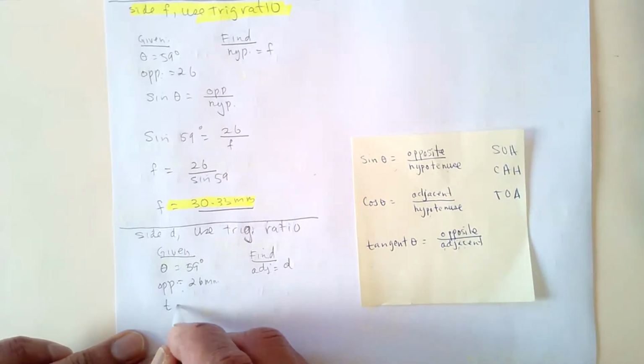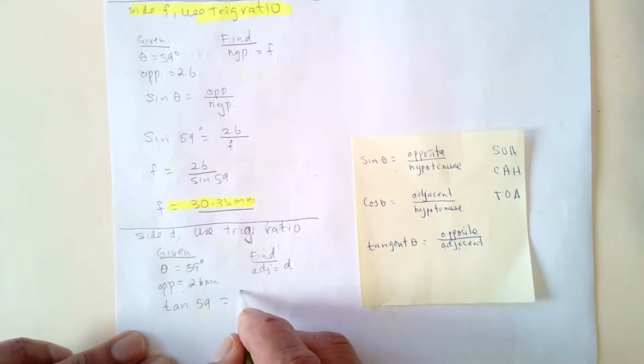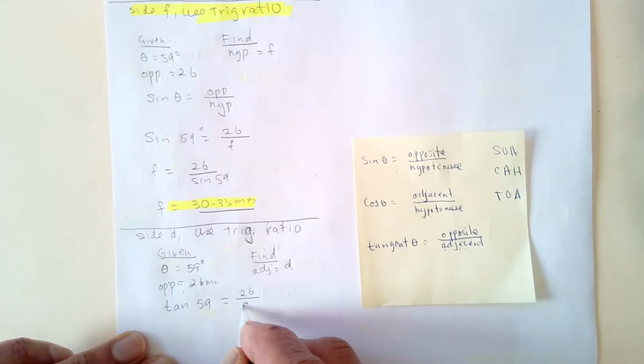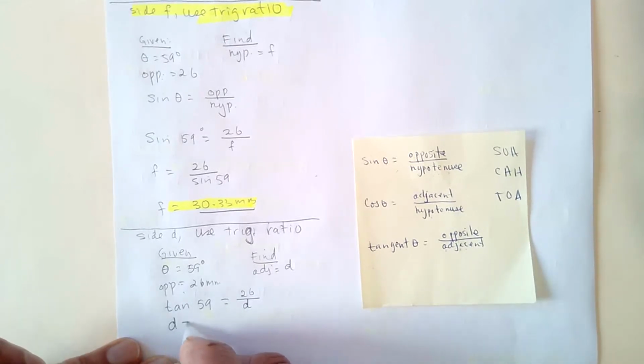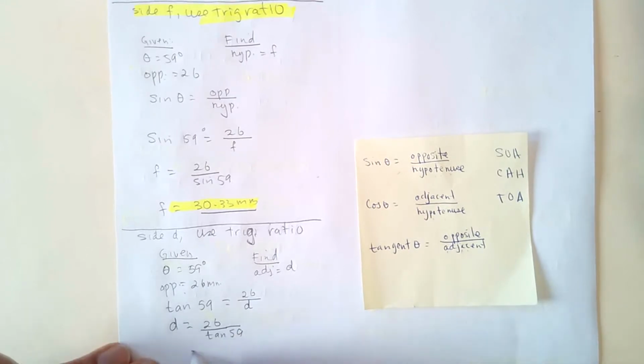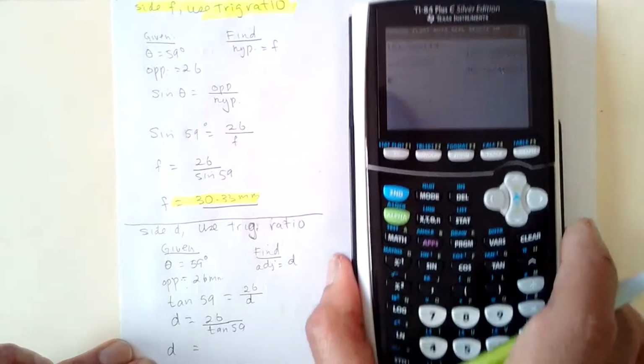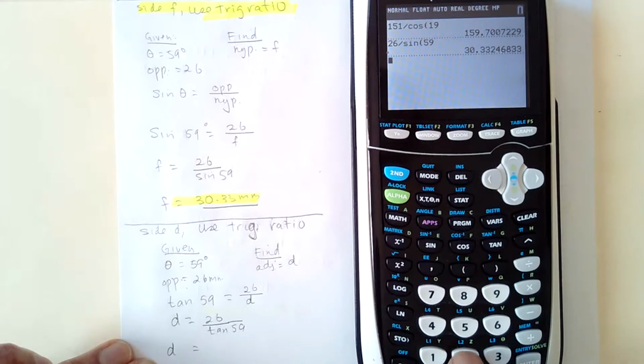So tan 59 is equal to opposite, which is 26 over D. So D is equal to 26 divided by tan 59. So D, go to my calculator now. 26 divided by tan 59 equals 15.62, and that is millimeters.